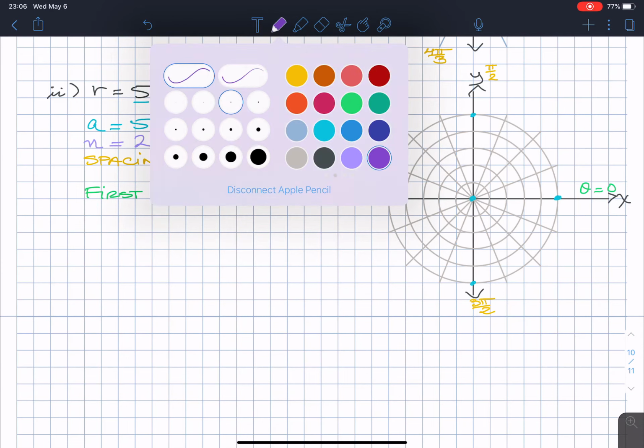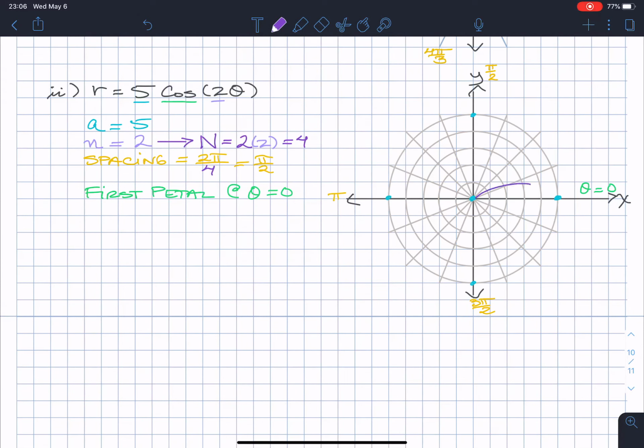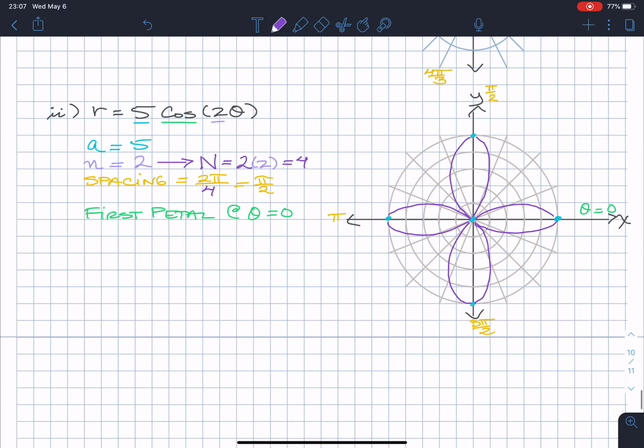So I should have 4 petals. My first petal. My second petal. Not drawn very well, but I'm trying. I'll just do this one down here first. 3 and then 4. You'll see when I actually provide you with coded ones, they look much better. Okay, so there we are.